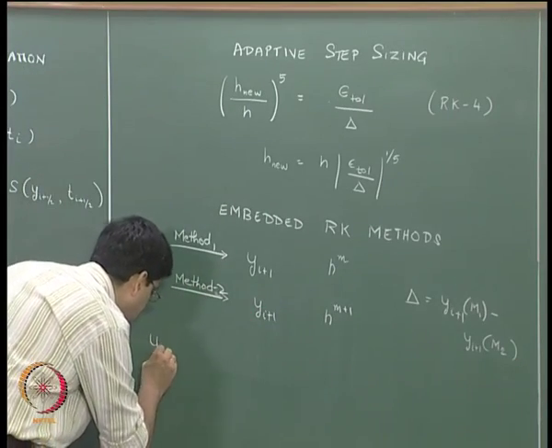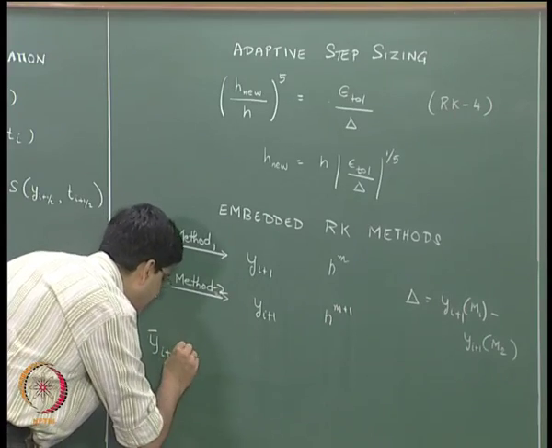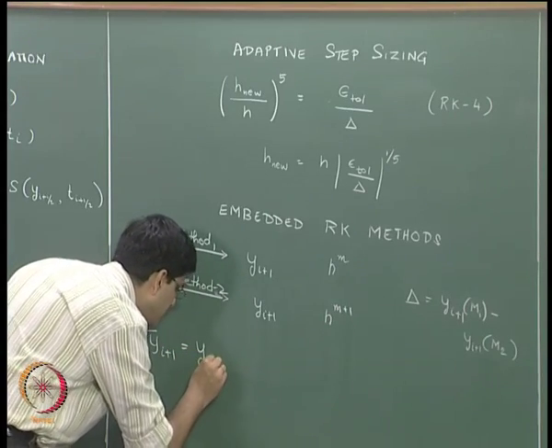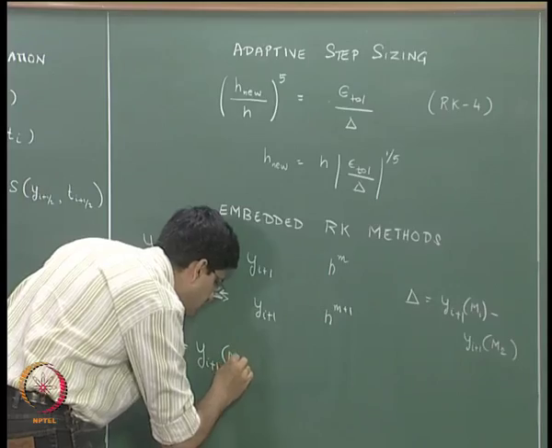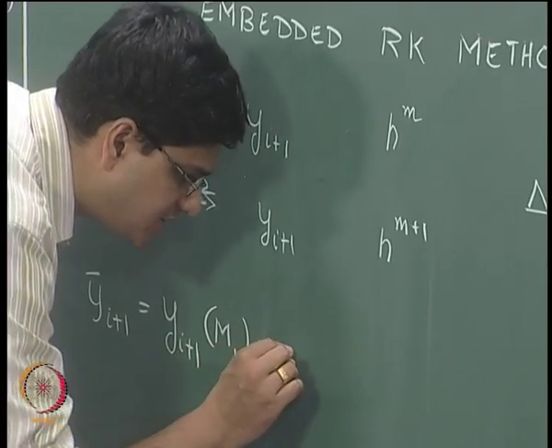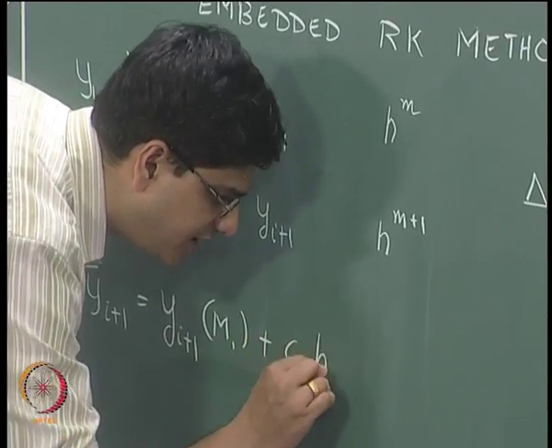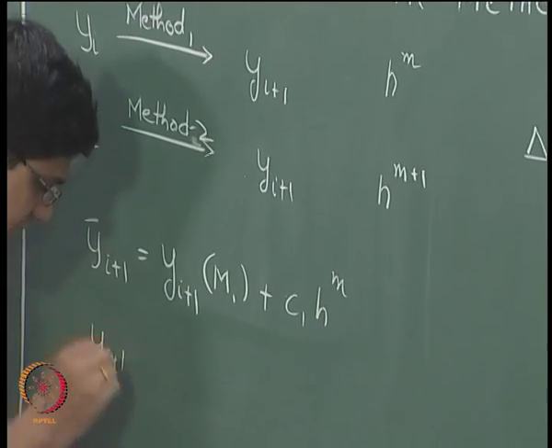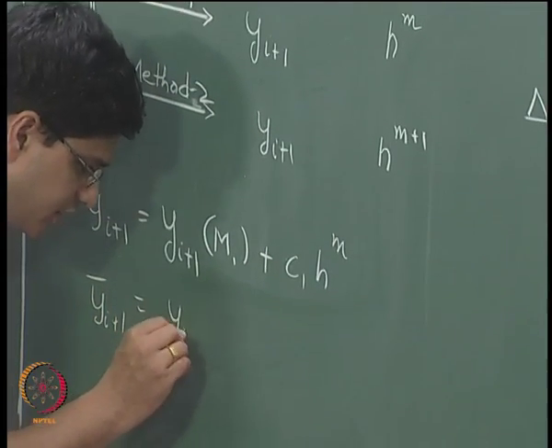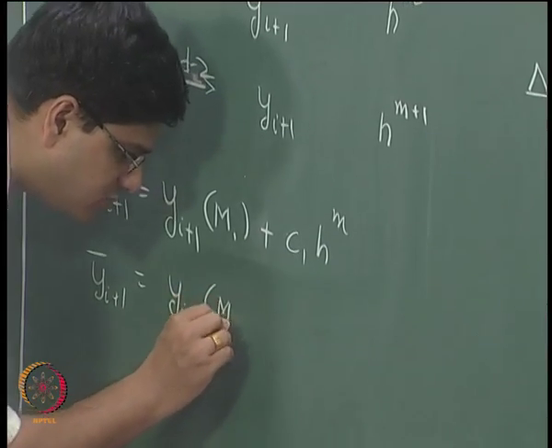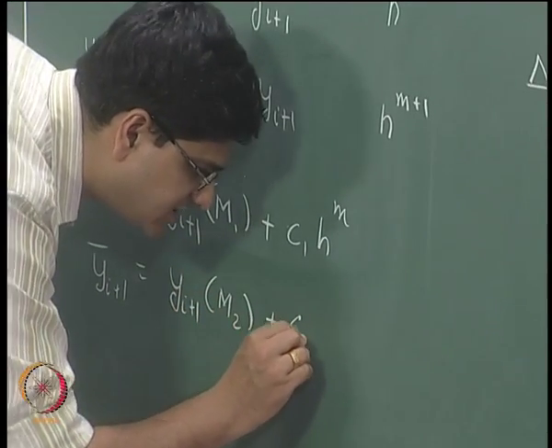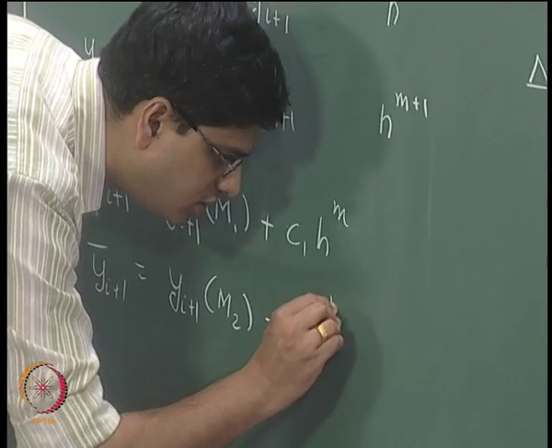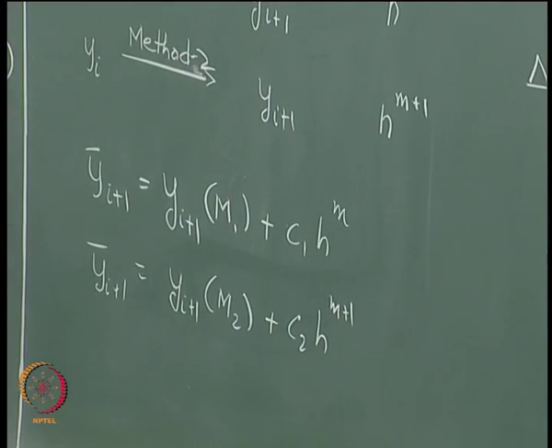The true value yi plus 1 bar is going to be equal to yi plus 1 m1 plus, say, c1 h to the power m, and the true value yi plus 1 is also going to be yi plus 1 m2 plus some other constant c2 h to the power m plus 1.